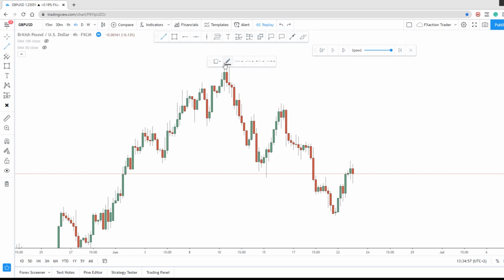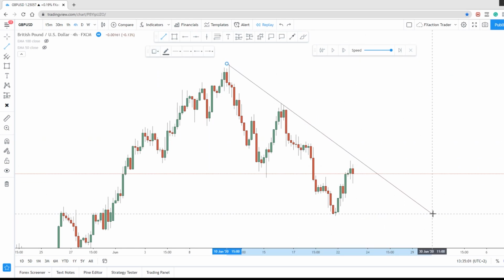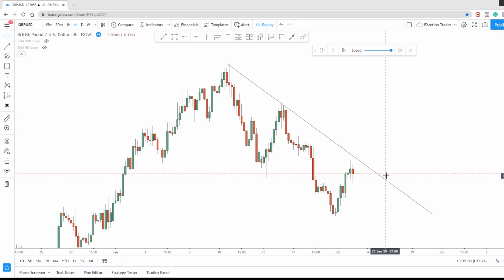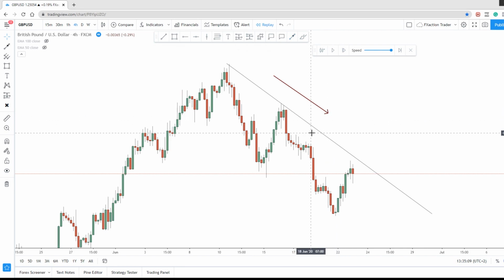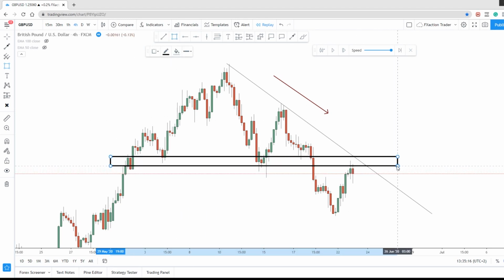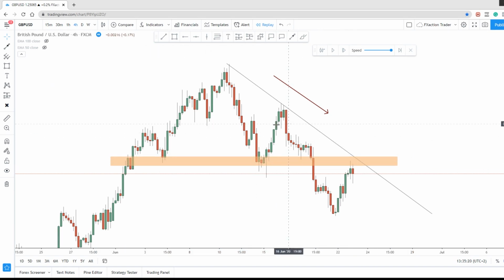We can use trend line as a guideline to remind us that this market is in a downtrend and we should be only looking for a sell trade. And if we add in support and resistance, we can also notice that these are the important SNR zones, or the support and resistance zones that we should be taking note of.